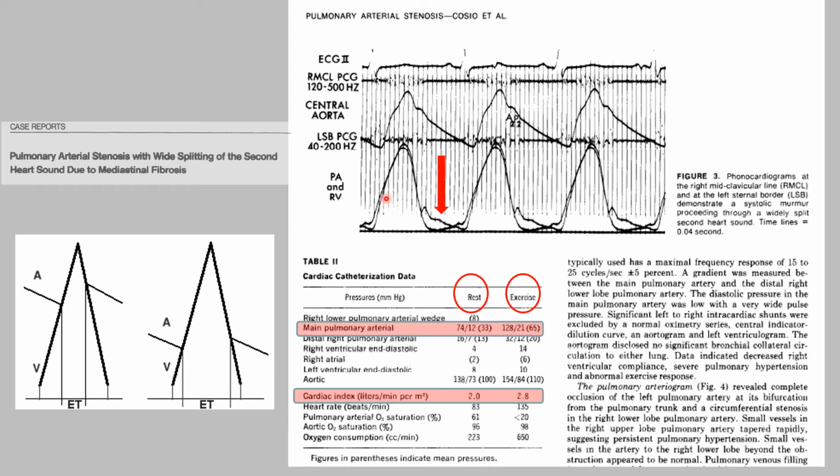Now, this case is also very interesting because he exercised the patient. He brought the patient to the cardiac catheterization lab and got the data with the patient resting, which is a pulmonary pressure of 74 over 12 with a mean of 33. Then during exercise, the patient went to 128 systolic over only 21 diastolic, and the mean pressure doubled.